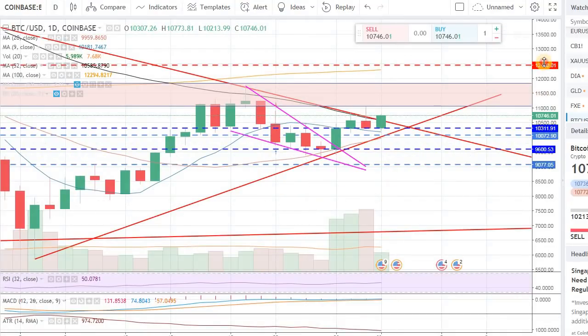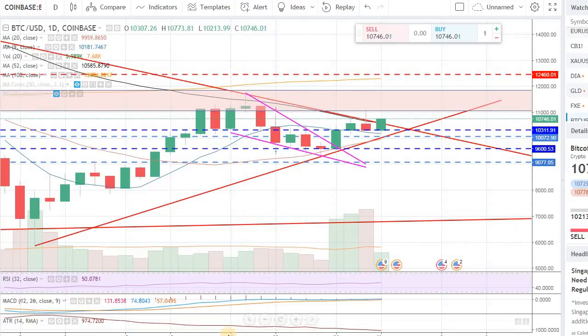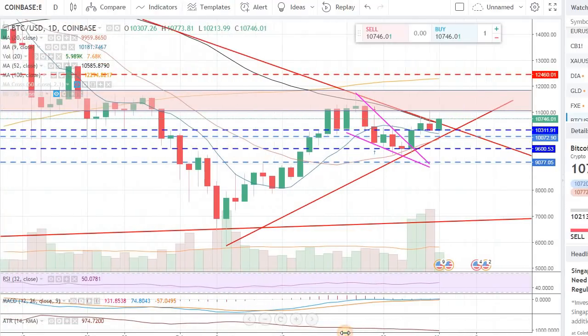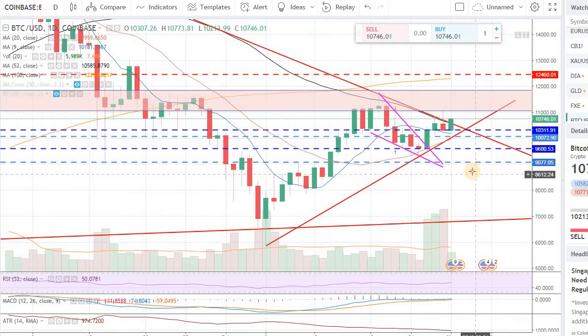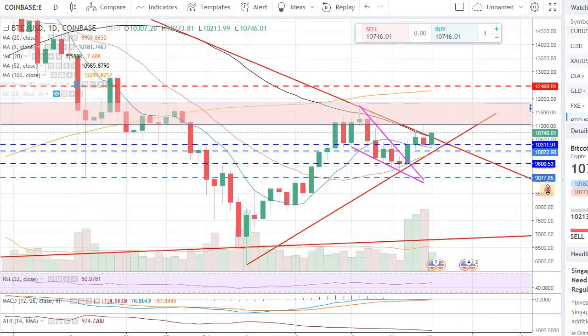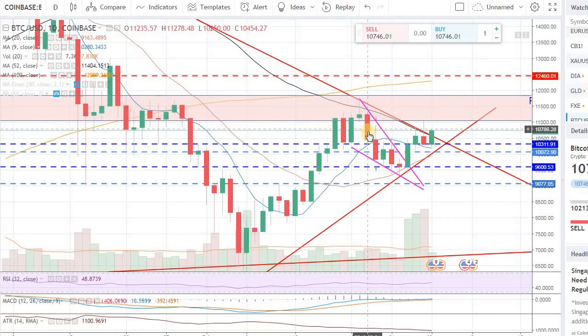This is the one we have been talking about this past weekend, the fake out that happened last weekend on Friday, when we should have been going toward that mark.